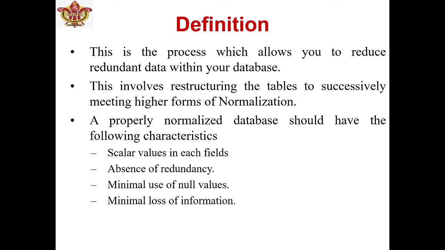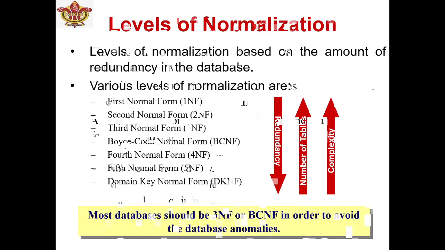We can take an example like a student table with a multi-valued attribute such as student phone number, and it is decomposed into first normal form. We will see that in the next slide, right?